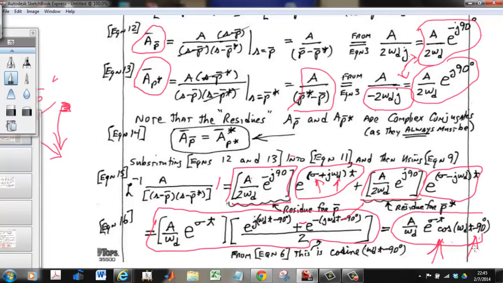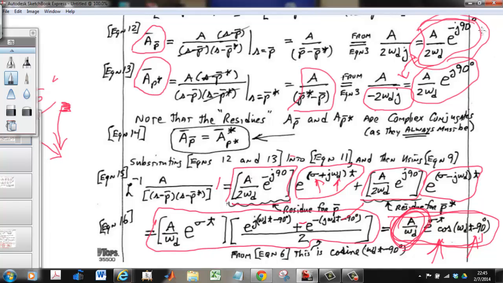So we only have to do this once, because what we're going to see is that whenever I have a complex pole, the residue of the complex pole is going to determine the resulting cosine function. And if you look at here, you can see that the cosine function constant, A over omega d, is twice the residue.